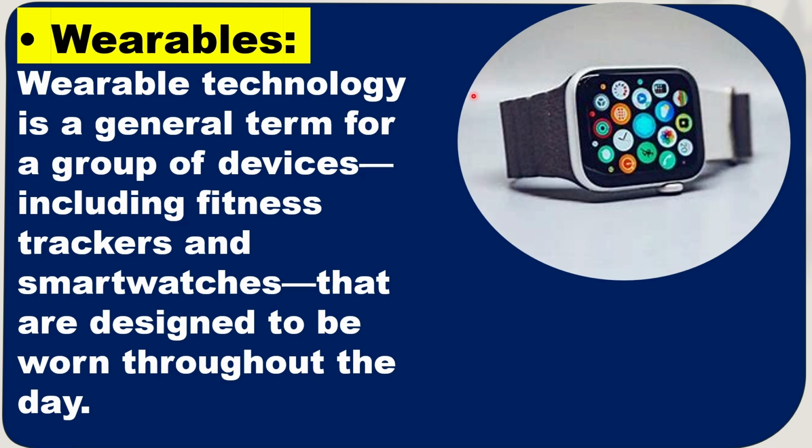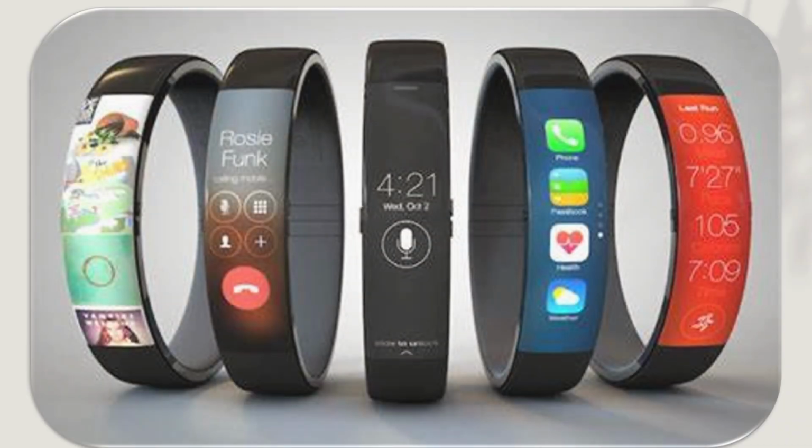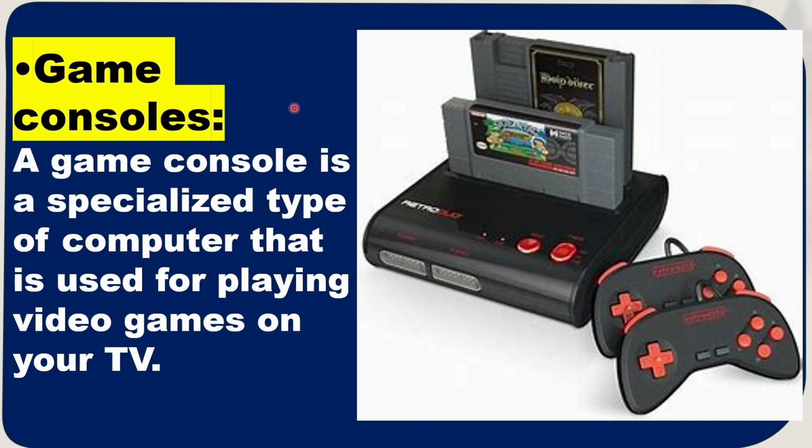Wearables. Wearable technology is a general term for a group of devices, including fitness trackers and smart watches, that are designed to be worn throughout the day. Next is game consoles. A game console is a specialized type of computer that is used for playing video games on your TV.